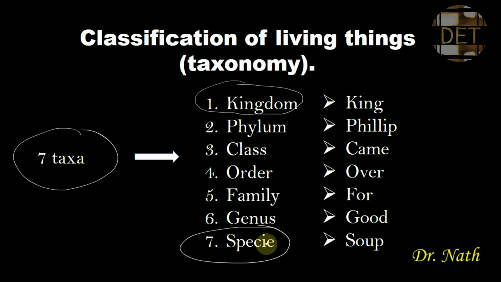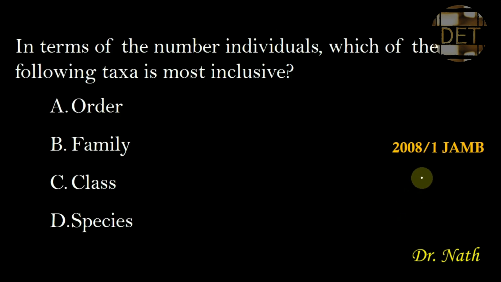So having known all this, let's look at this number 1, 2008 JAM question. In terms of the number of individuals, which of the following taxa is most inclusive?